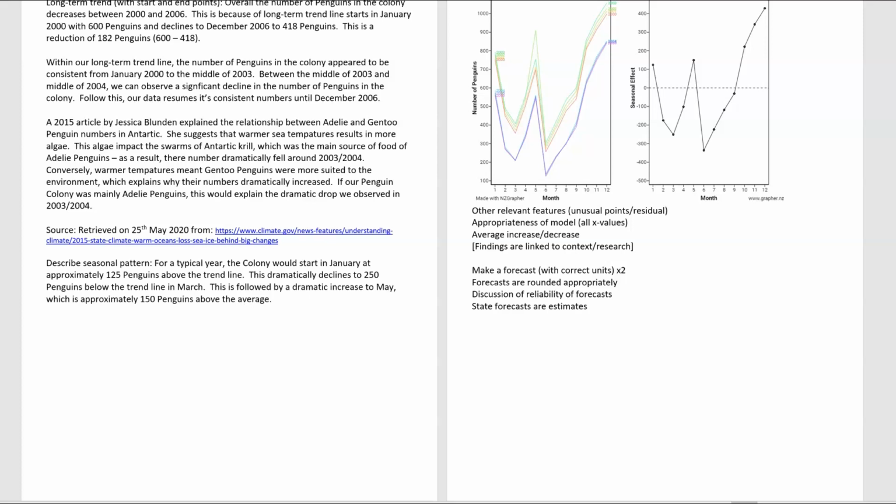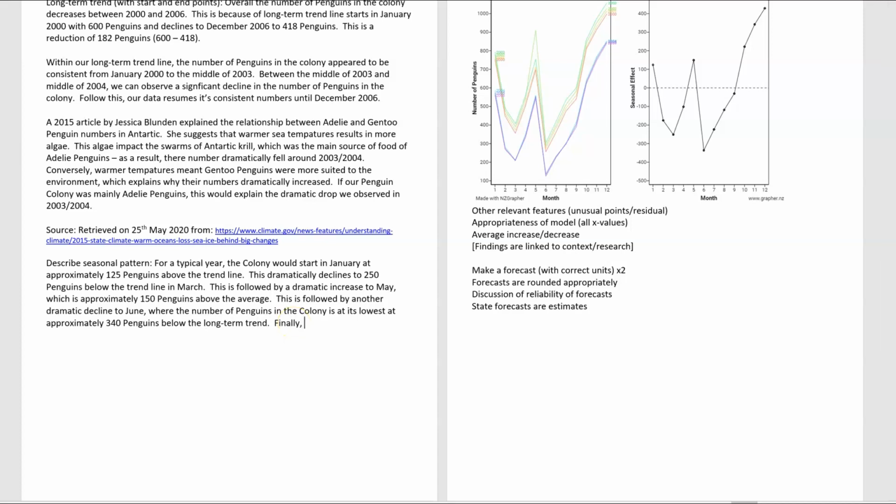So I'm just mixing up my words. This is followed by another dramatic decline to June, where the number of penguins in the colony is at its lowest at approximately 340 penguins below the trend line, or below the long-term trend, we'll say this time, long-term.